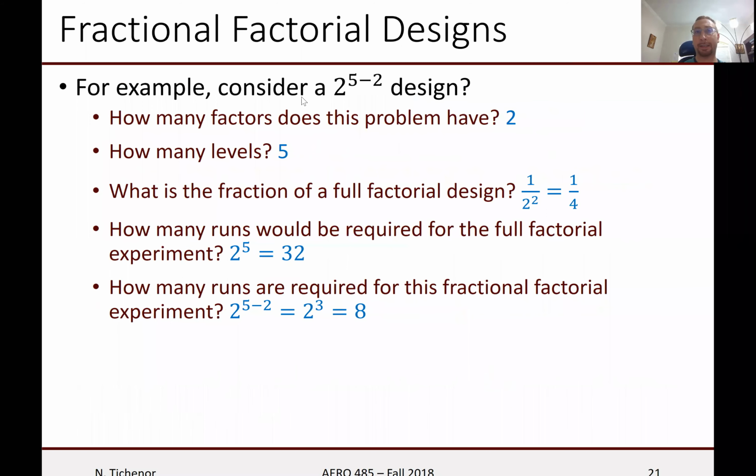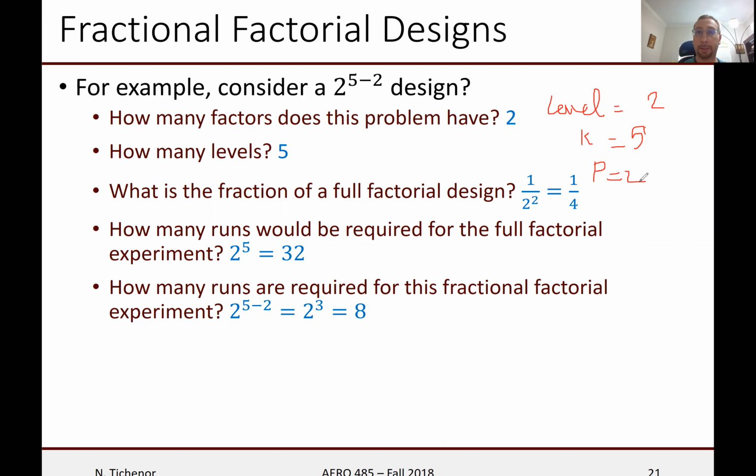As an example, here we have 5 variables. We reduced the number of variables, but we confounded them to 3, and each variable has 2 levels. Just to be clear, the level for each variable is 2, k is 5, and we reduced it by 2.